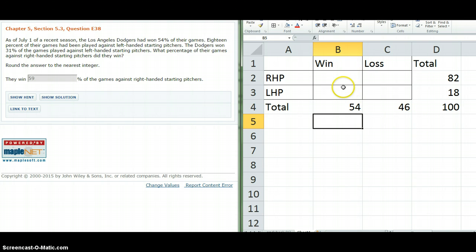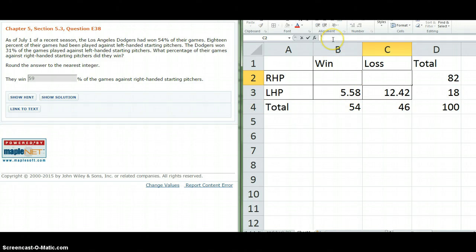Okay, and now we know that they won 31% of the games against left-hand pitchers. So whatever this number is, their win is going to be 31% of this total against left-hand pitchers. And this is going to be whatever the total is minus this number.